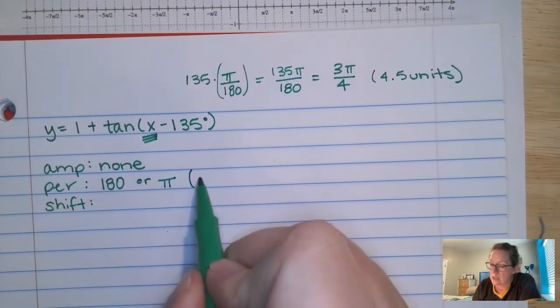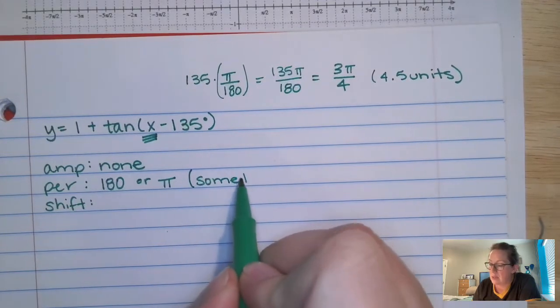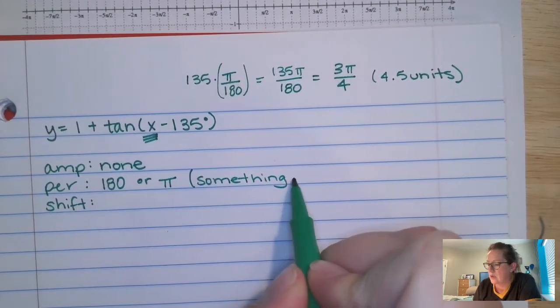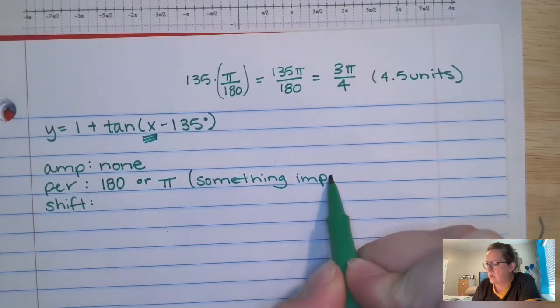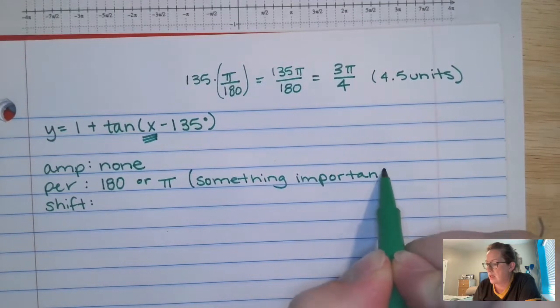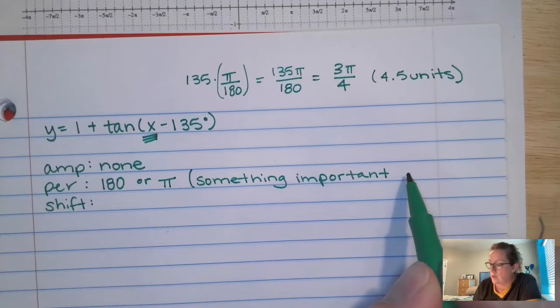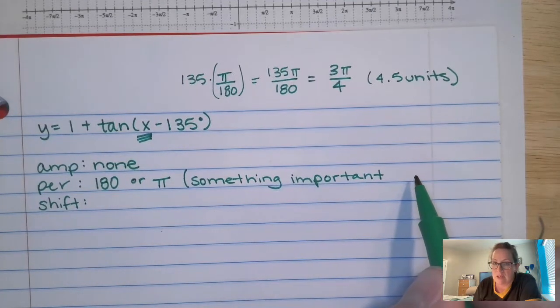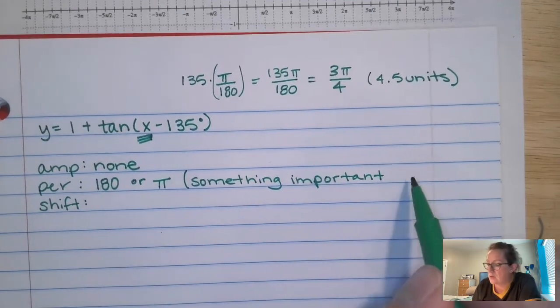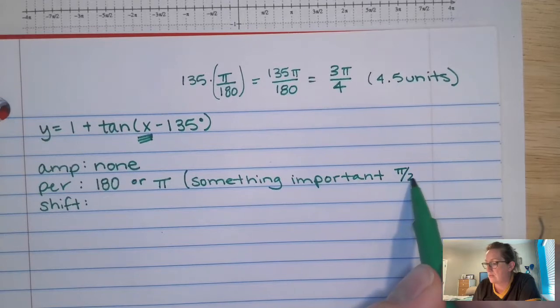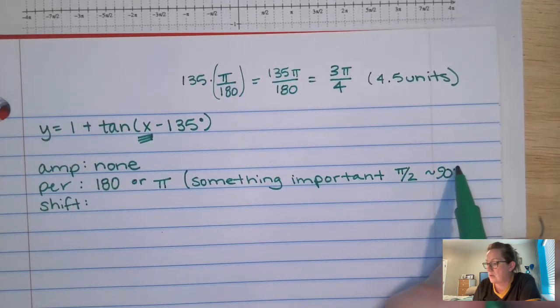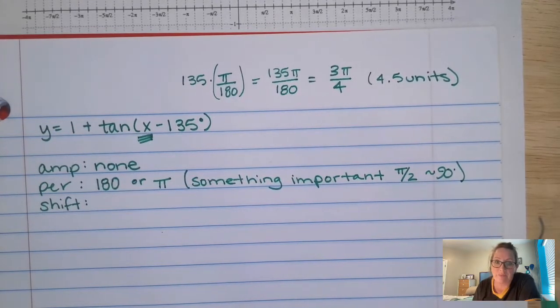Okay, and then we remember something important is happening. What do we divide that value by? Hopefully you said 2. So everything else we divide by 4. Tan and cotangent, we divide that by 2. So something important is happening every pi over 2 or 90 degrees, whatever you like.